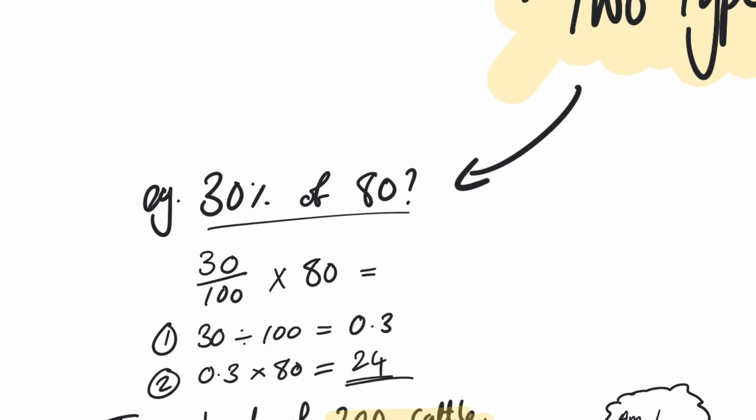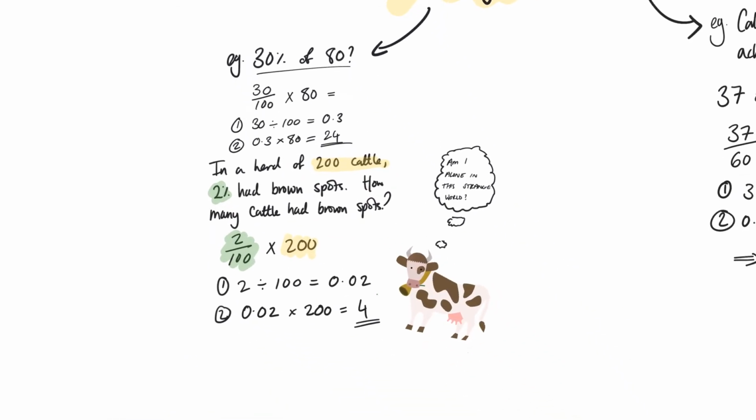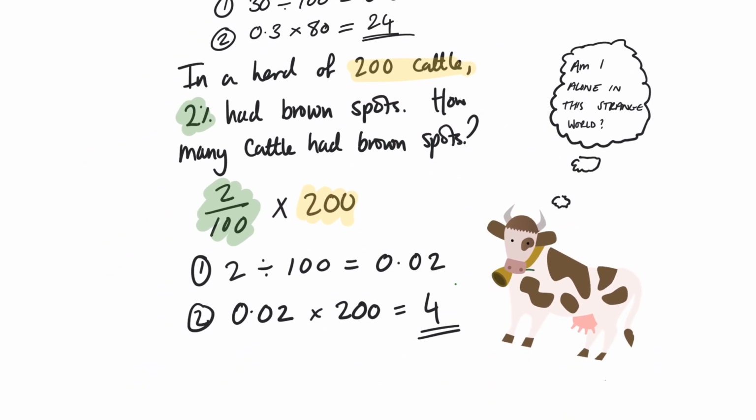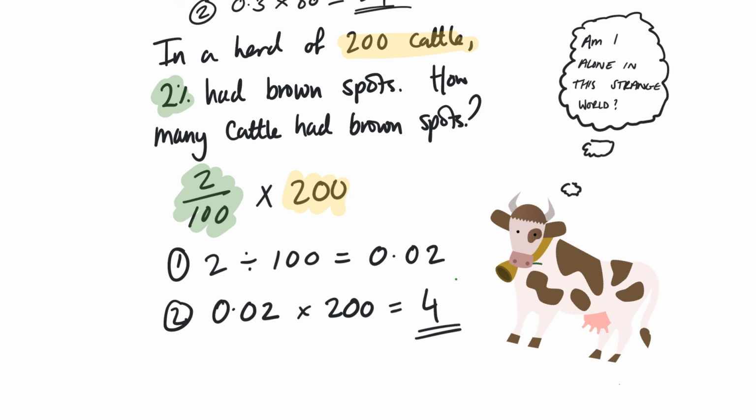So in this case, we wanted to find out 30% of 80. 2-step sum, follow this process. If you've got a wordy question, highlighting the information might be helpful. It's up to you. But again, take the information out you need, maybe do a 2-step sum if that's what you need to help you get through it, and you should find your final answer.